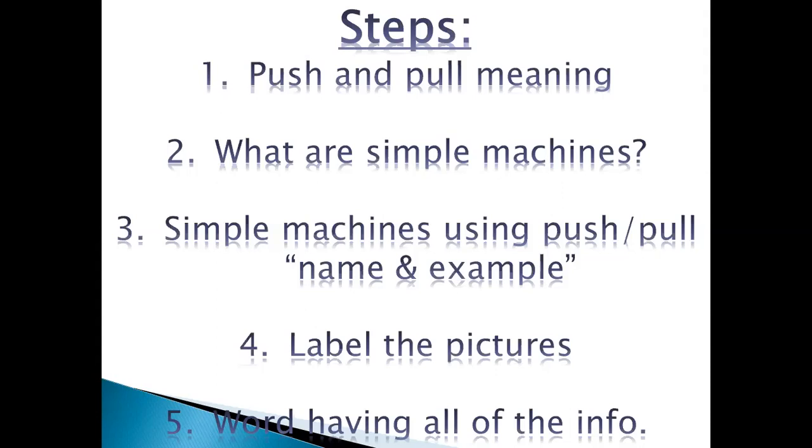For example, after you write the 6 types, you will tell me, those are the simple machines using push and pull. For example, you will choose the seesaw. You will tell me, I chose the seesaw, so it's a kind of lever, using push and pull.